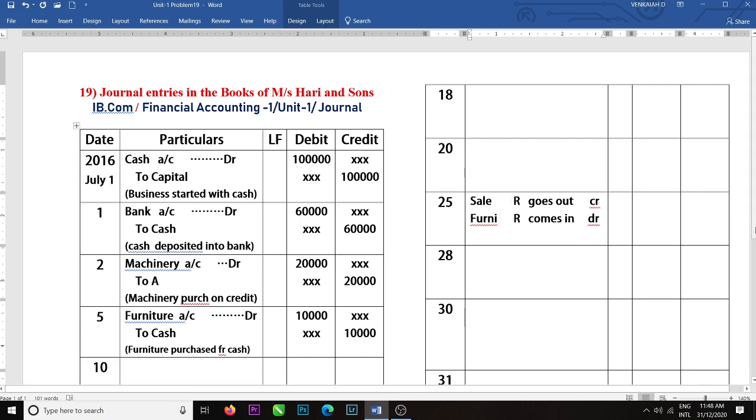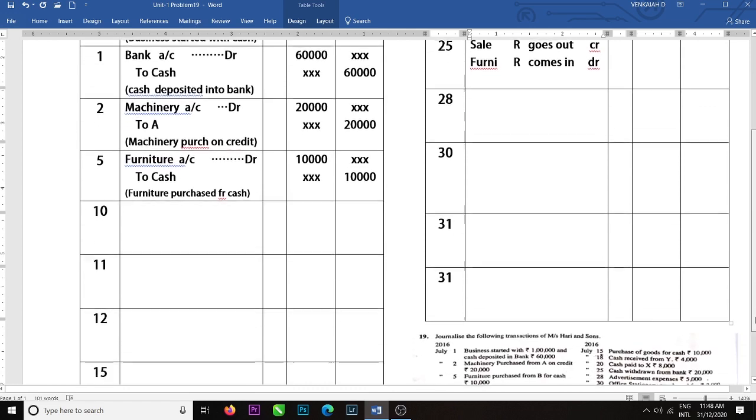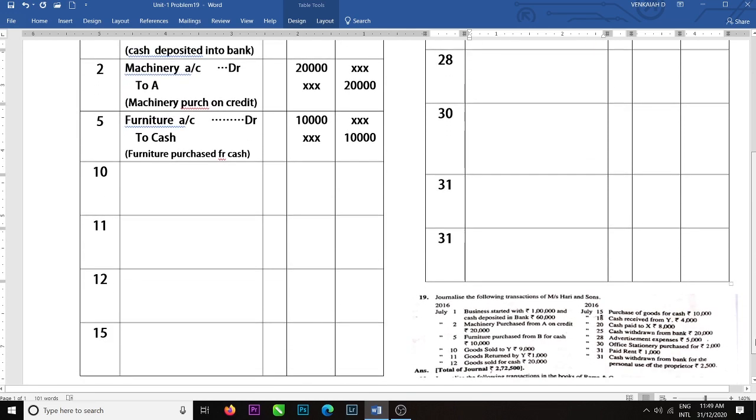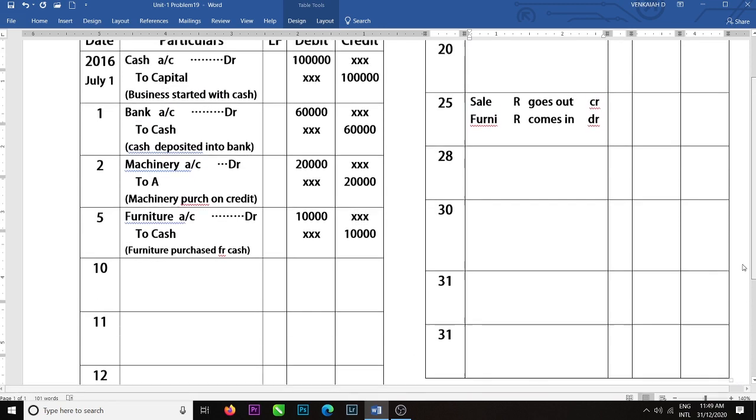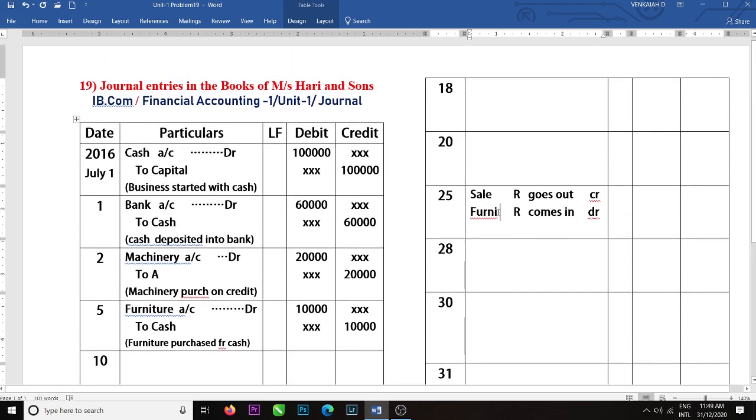These goods are sold to Y, so we have to record the name of Y. Y is a personal account, and Y is receiving goods. The receiver will be debited.